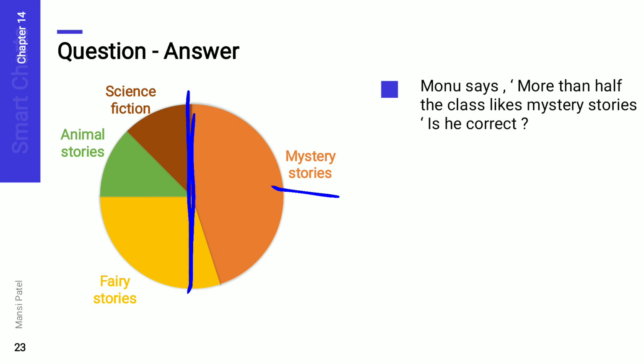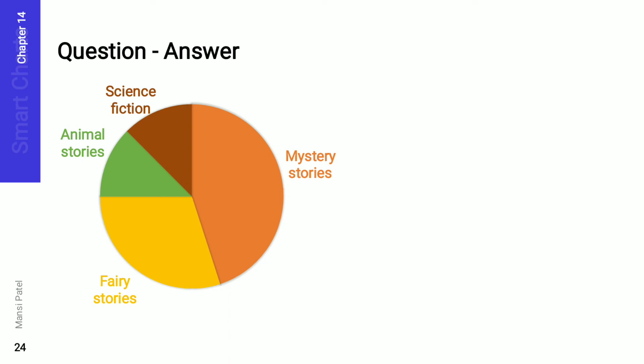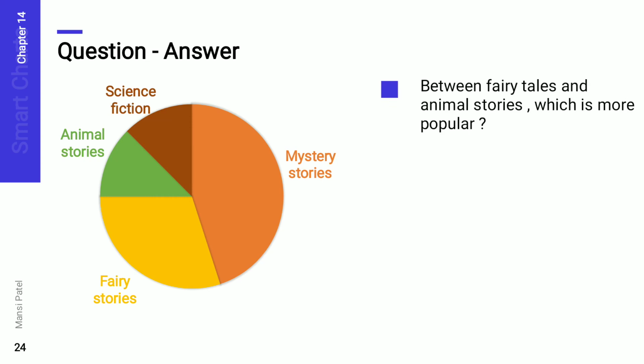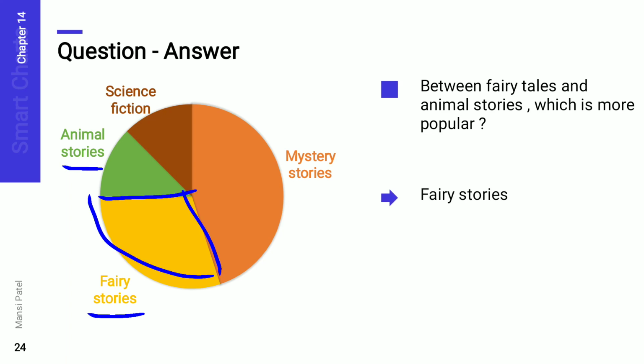So it is less than half of the students. So he is not correct. We have to say only no, he is not correct. Now your next question is, between fairy tales and animal stories, which one is more popular? Who occupies the larger part of this pie chart? The fairy stories. So your answer is fairy stories.